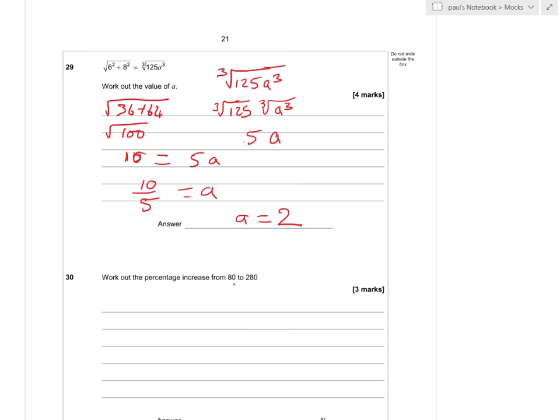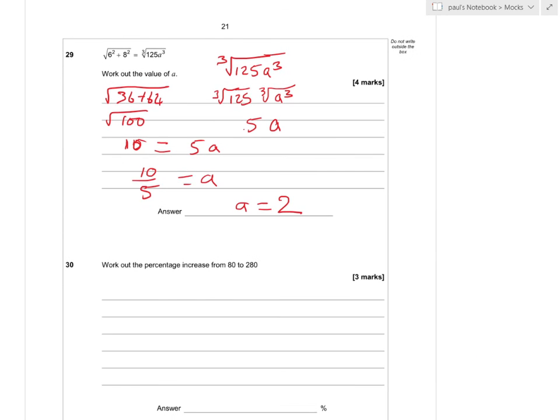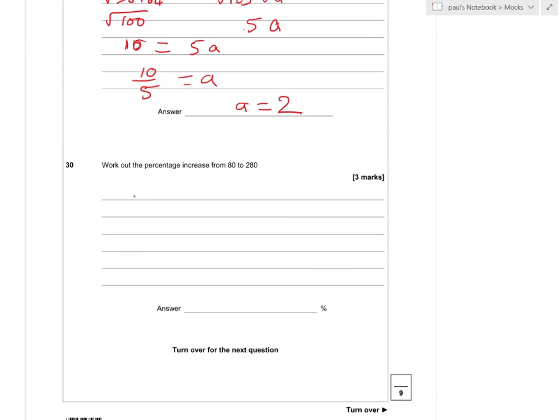Work out the percentage increase from 80 to 120. So this is the difference over the original times 100. So the difference between these two is 40. The original is 80. And times that by 100.